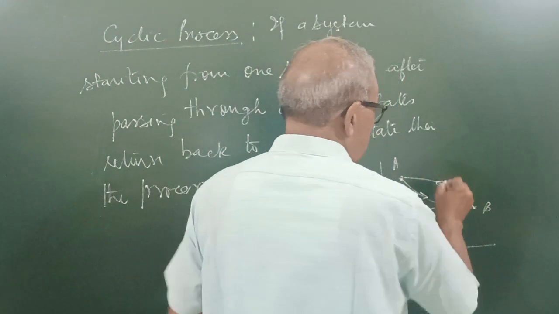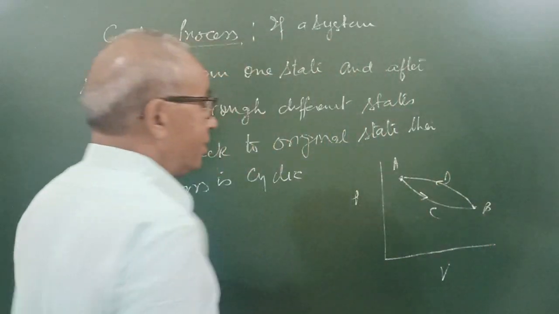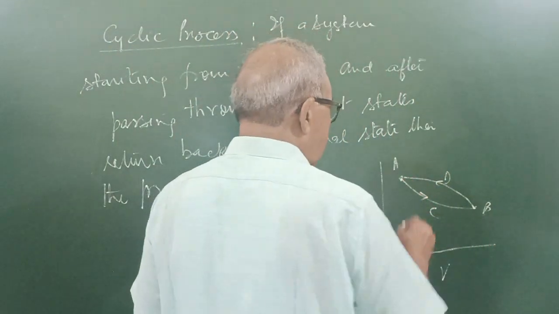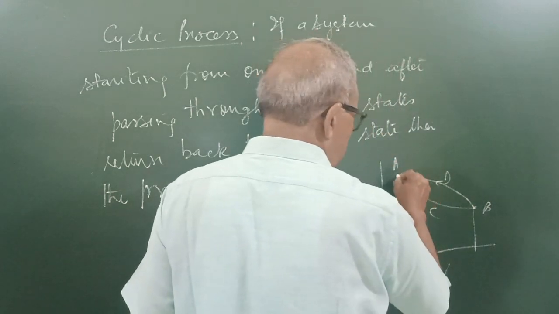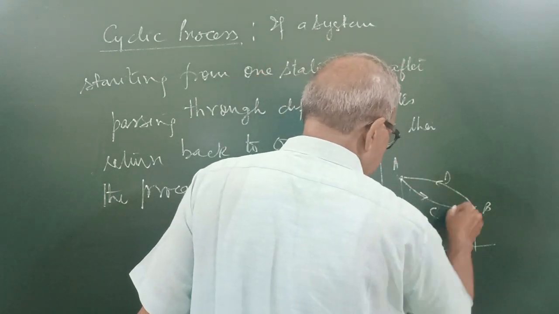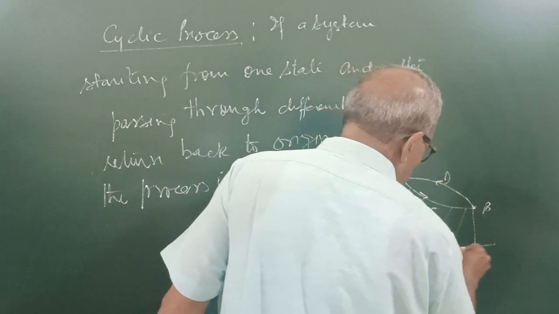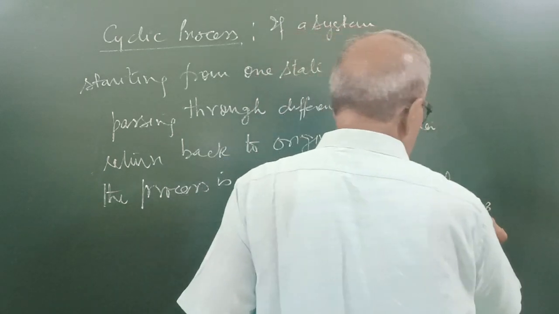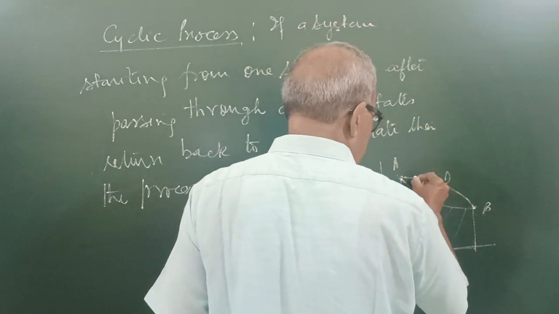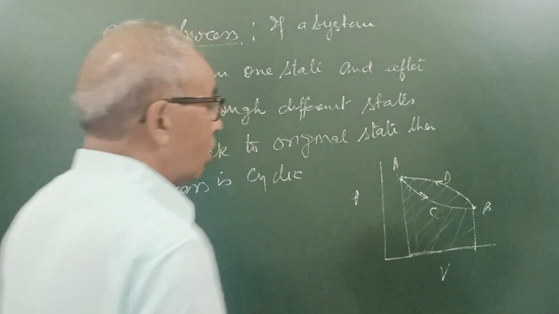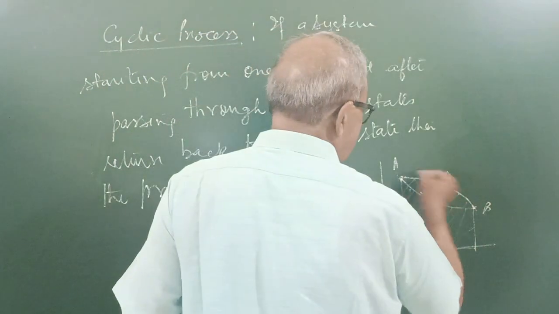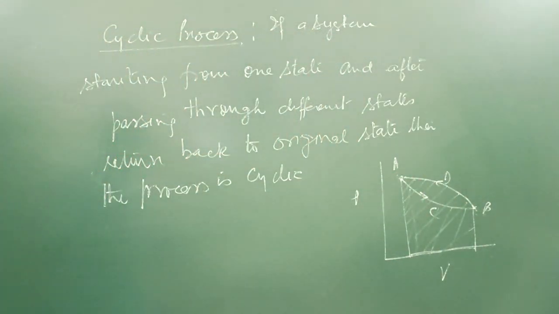A, C, B, D, B, D, A. So here work done in process A to C is this area, and this work done is positive. Now B to A, the whole area. So work done in compression is more than work done during expansion.